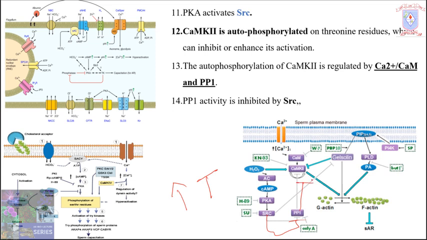So once PP1 gets inhibited by SRC, PP1 cannot inhibit CaMKII. So because of the inhibition of PP1, CaMKII is active now, and CaMKII can easily activate adenyl cyclase, and the steps can continue.